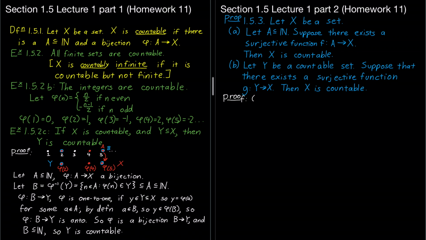So part A. If x is in X, let f inverse of the singleton set, the set whose only element is x, be the set of all a in A such that f of a is in the singleton set {x}.